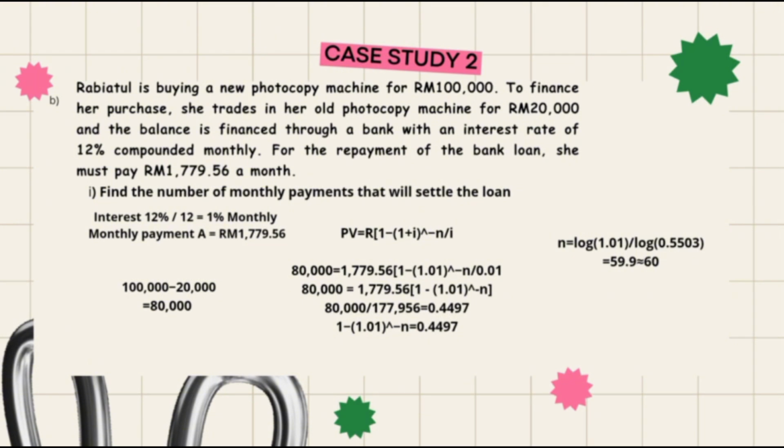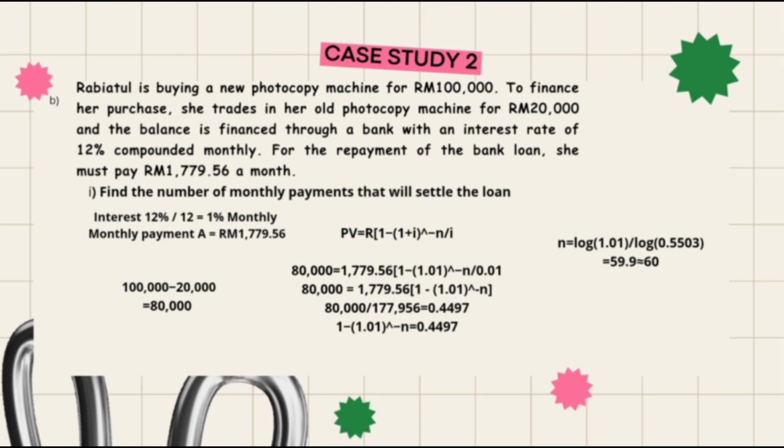The second step, this is the formula: PV equals R times (1 minus (1 plus I) to the power negative n) divided by I. So this is the way to resolve the question. 80,000 equals 1,779.56 times (1 minus (1.01) to the power negative n) divided by 0.01.